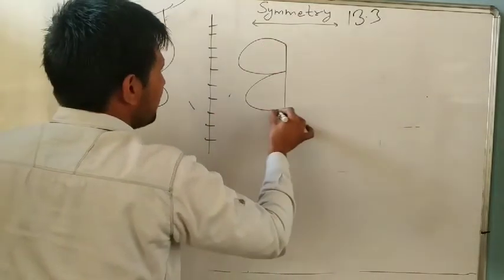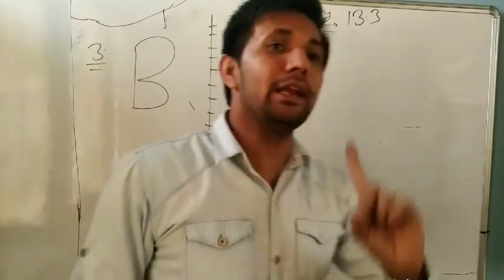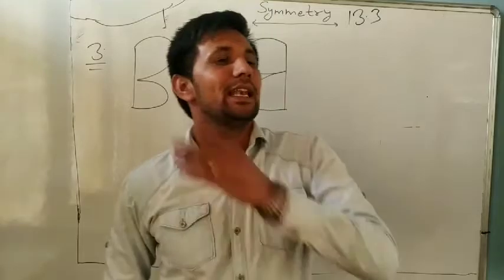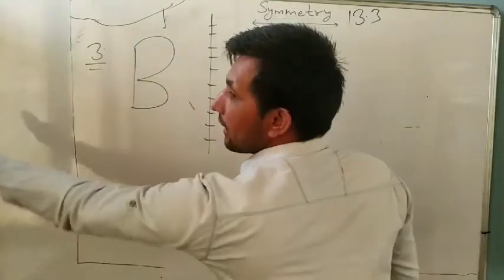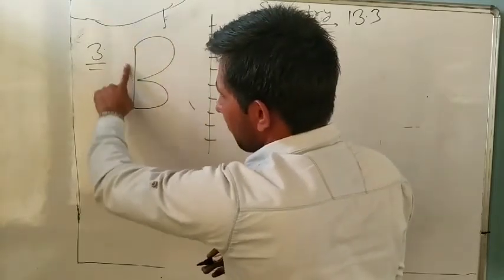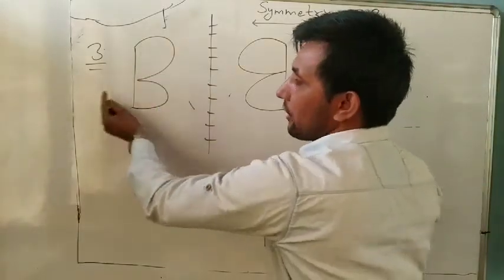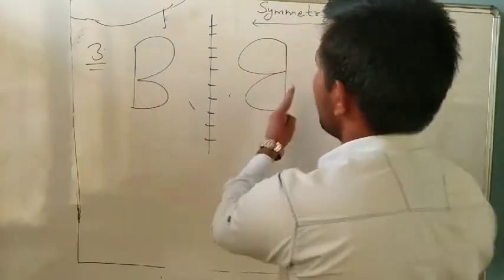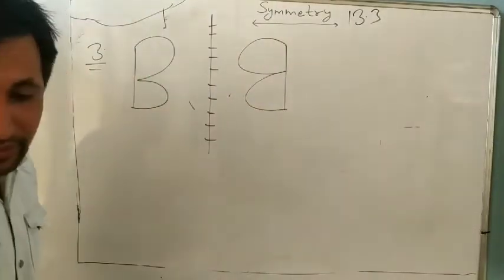So this is the mirror image. Understand? Always remember, in the mirror image, left becomes right and right becomes left. One more, but the question is given, we have to try one more.